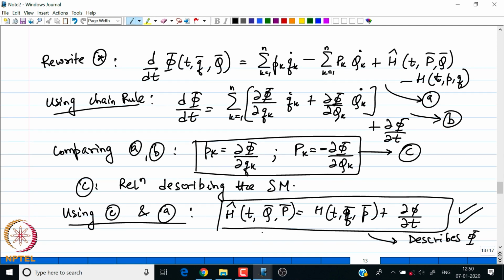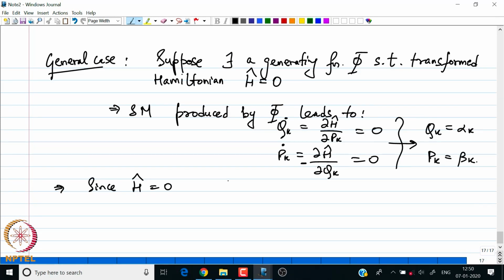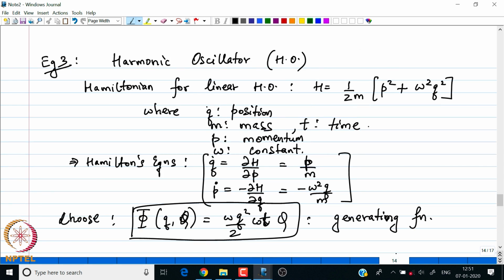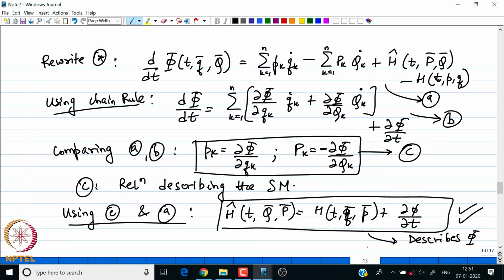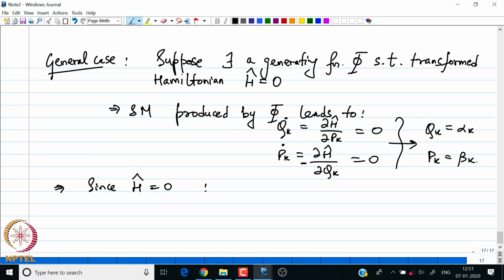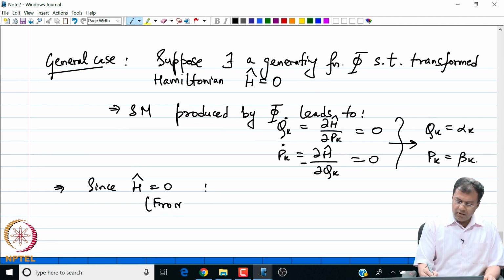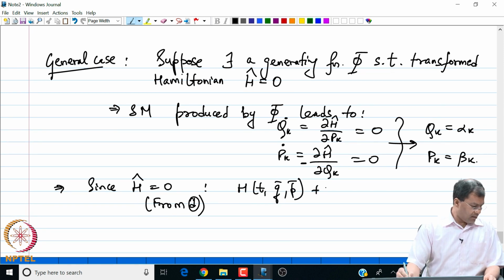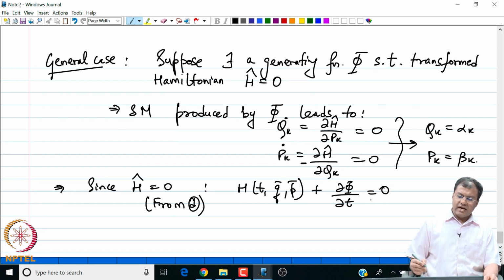Now I am going to plug H hat equal to 0 into this equation, and when we do that, let me call this relation D. From relation D, I get that H of t, q, p bar plus partial phi partial t is equal to 0, because H hat is 0.